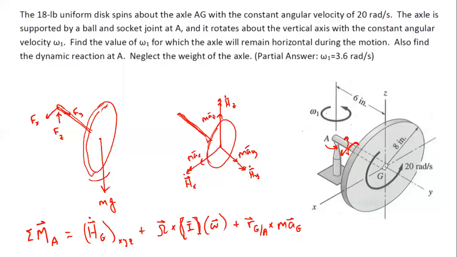No. Correct. So can I make it be just omega 1? Yeah. Okay, so if I do that, then I can make this just be the omega 1 that's going around, and that's going to be in the z direction, right? And then I can plug in my I.